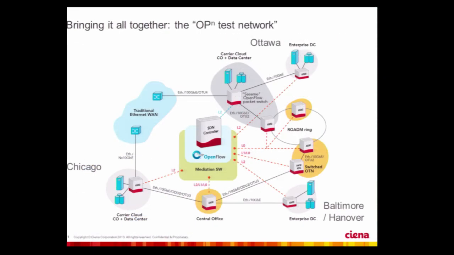And this year we demonstrated our software-defined networking demo platform, which is connecting several sites on the East Coast, Chicago, our headquarters in Hanover, and the research labs in Ottawa. And then we do software-defined networking demos on this network to show the potential of this architecture.